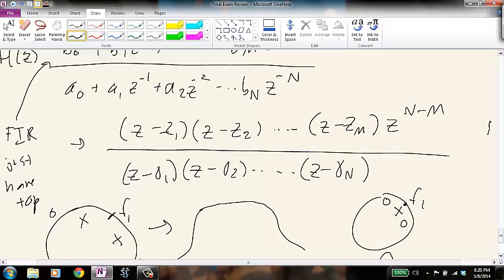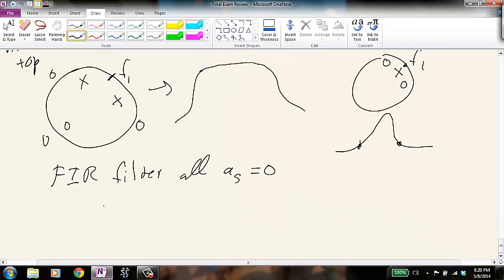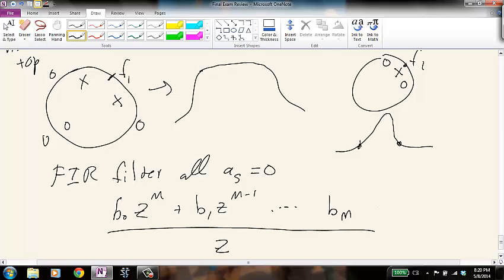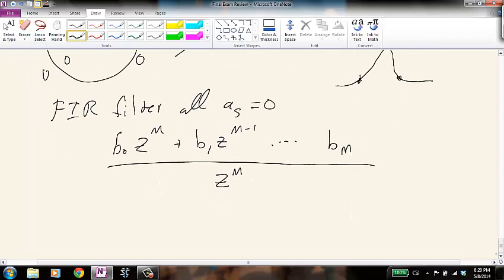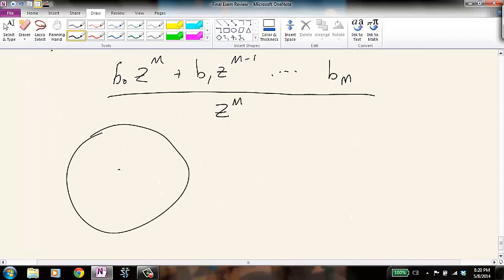So instead of having this, we'd have B naught Z to the M. So all our poles for a finite impulse response are in the center.